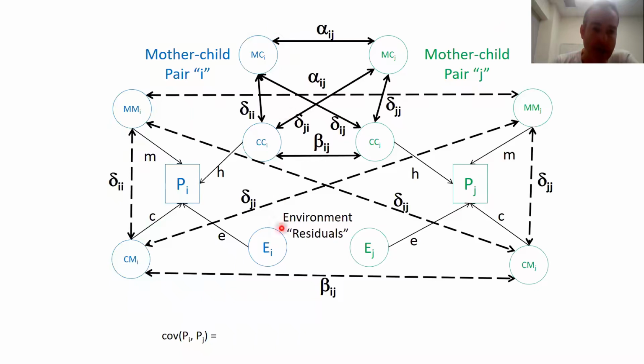So on the left in blue, this is essentially one mother-child pair, pair I. And this blue model is exactly the same path model that we talked about in the previous set of slides. On the right in green is another mother-child pair.